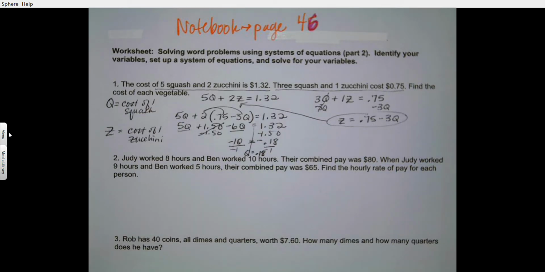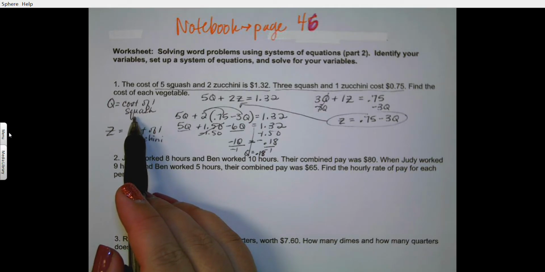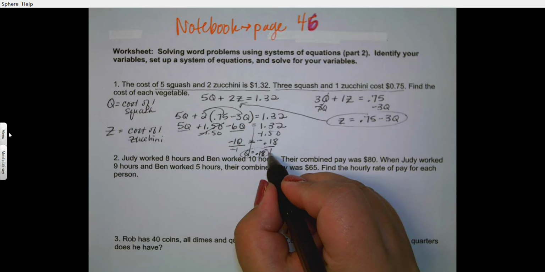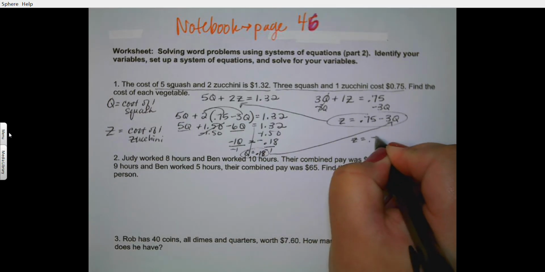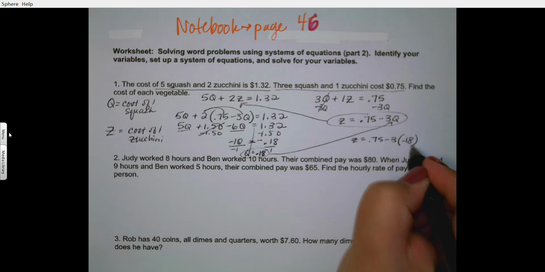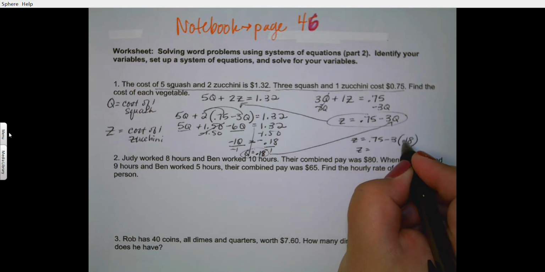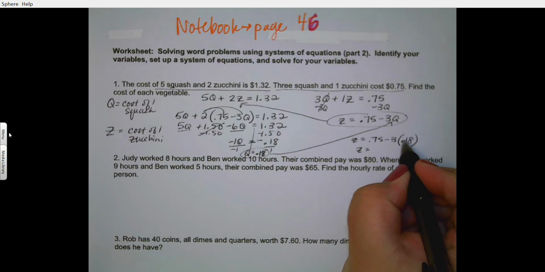So that means the cost of 1 squash is 18 cents. Now I have to get the cost of each vegetable, so I need zucchini. So I'm going to take this and plug it in to the other equation and get the cost for a zucchini. Plugging in my 18 cents: 0.75 minus 3 times 0.18. I'm sorry, not negative, 0.18.